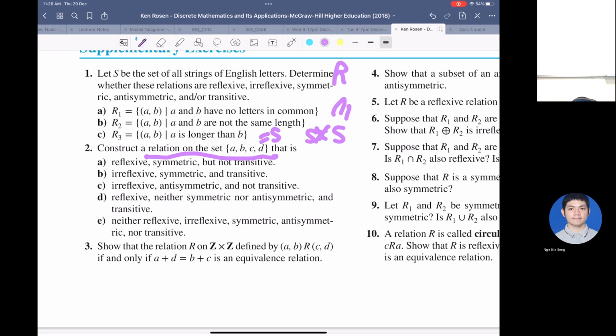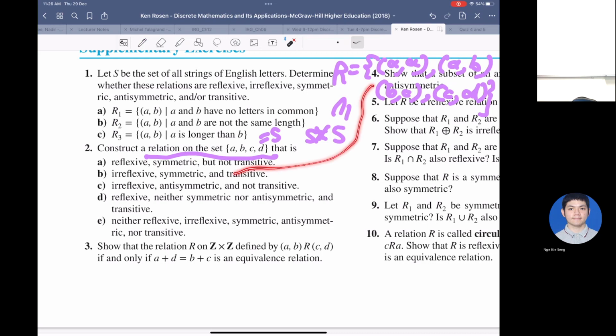So your relation is something like A, B, BC, something like that. Then check whether the relation you give is reflexive or not, symmetric or not, but not symmetric. This kind of question needs you to construct a relation. Know how to construct a relation.